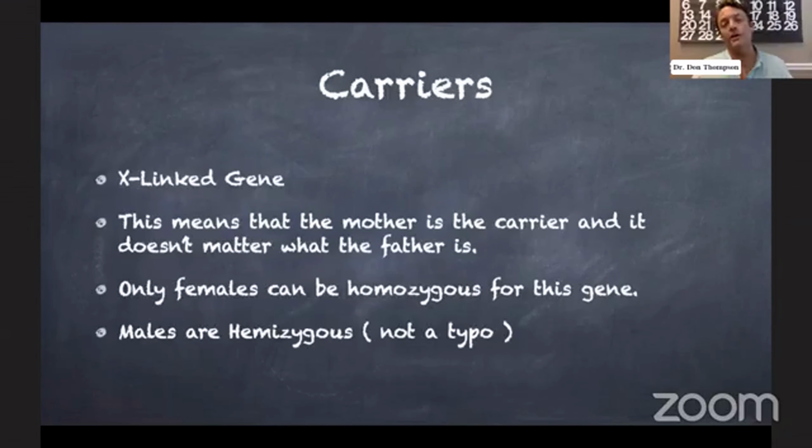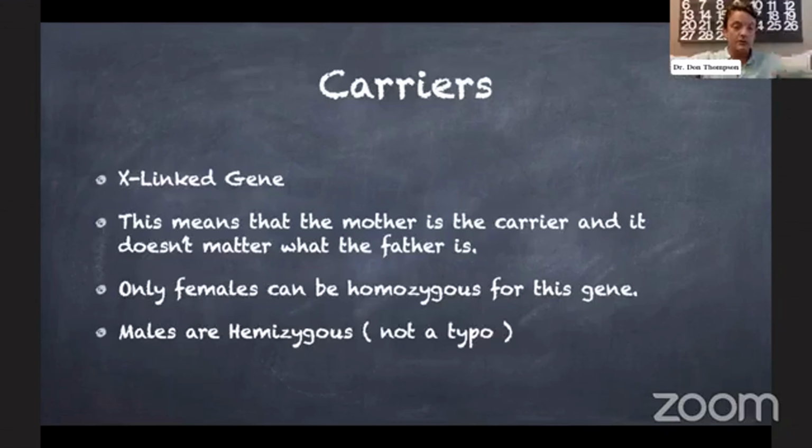So when you're talking about genes, where does it come from? The MAO is very interesting because it's actually only carried by the female. The mother carries it, and it doesn't matter if the dad has it or not. When you're talking about a genetic disease like cystic fibrosis, the mother and the father could carry it.